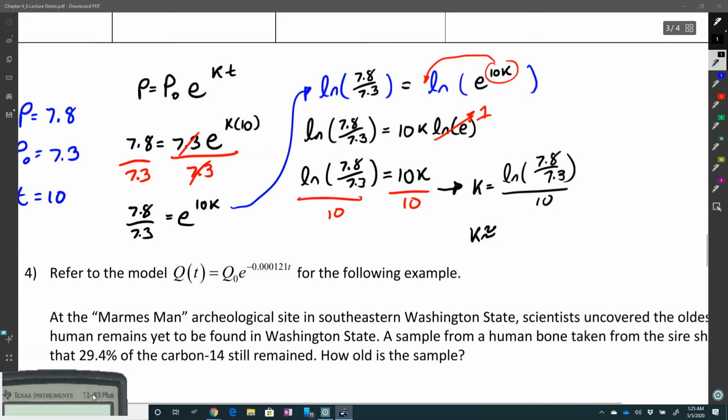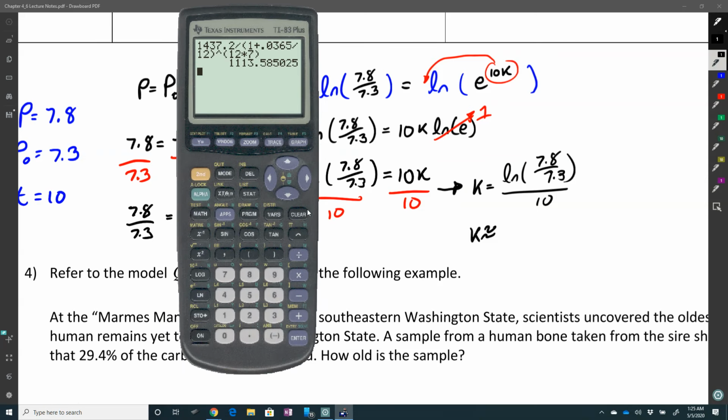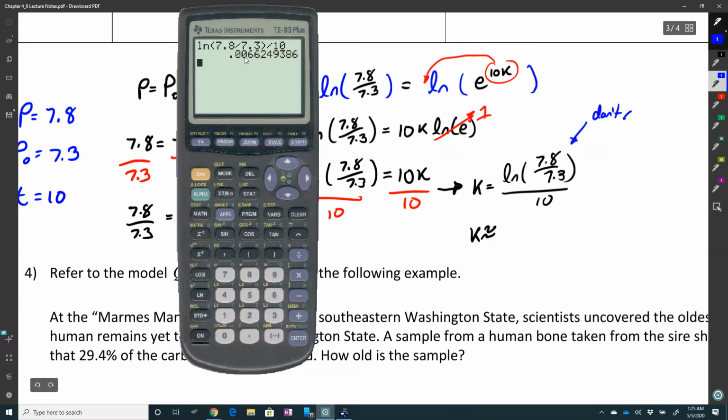What I usually do is I have ln of 7.8 divided by 7.3, and close it, divided by 10. And notice that it's going to be a nasty number. Rounding is very, very dangerous when you're dealing with exponentials. So when you're doing this, we don't want to round.